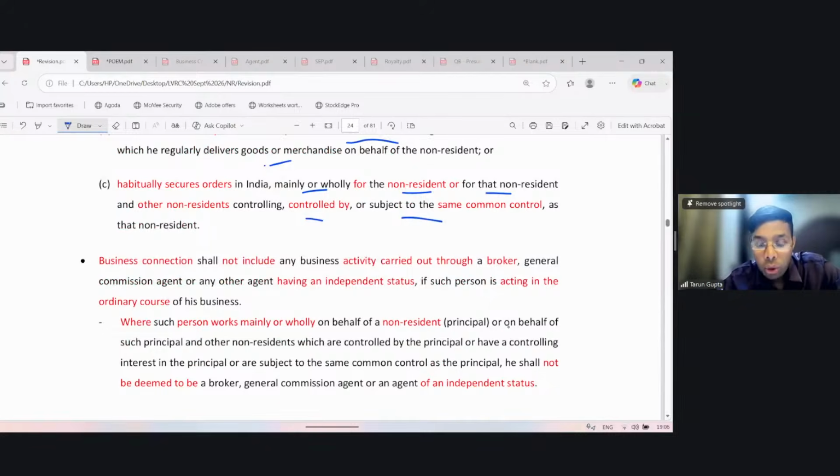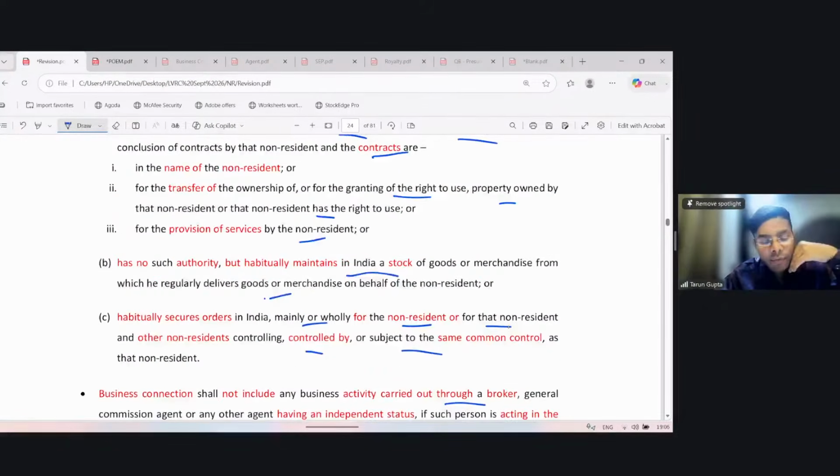Business connection shall not include any business activity carried out through a broker, general commission agent, or any other agent having an independent status, if such person is acting in the ordinary course of business. So the agent referred to above shall not include an independent agent.